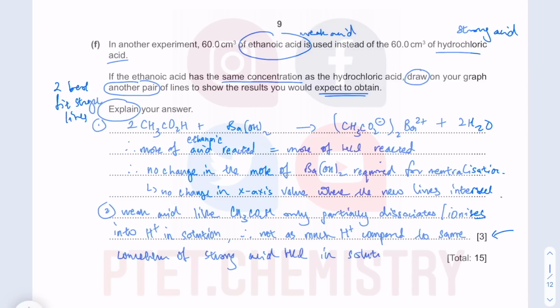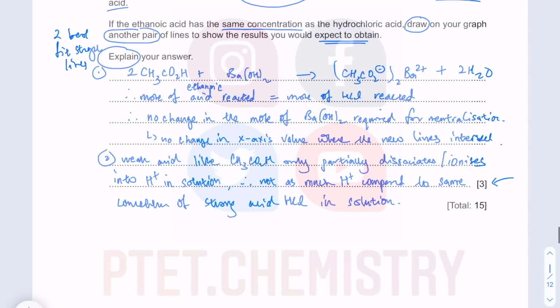And as a result of this, if you don't have that much H plus, then you are not producing as much H2O as a result of neutralization. So therefore, not as much H2O was formed or produced due to neutralization.